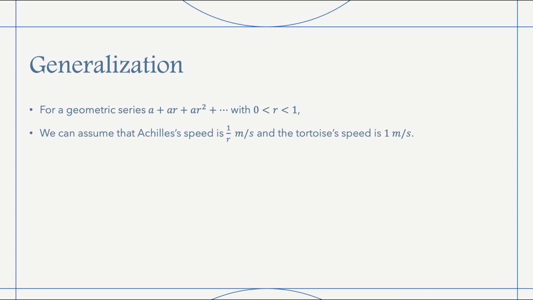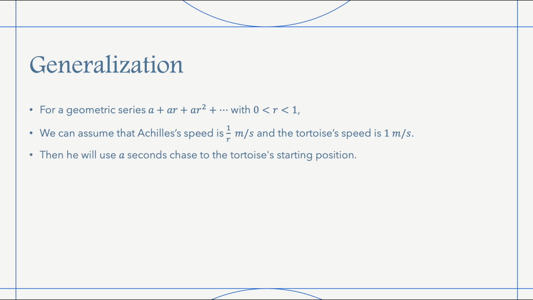And we can generalize this. For the geometric series a plus ar plus ar squared and so on, with r between 0 and 1, we can assume that his speed is 1 over r meters per second, and the tortoise's speed is 1 meter per second. Because r is less than 1, we want Achilles to be faster, and 1 over r is faster.